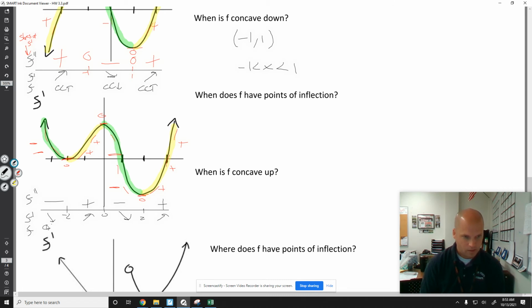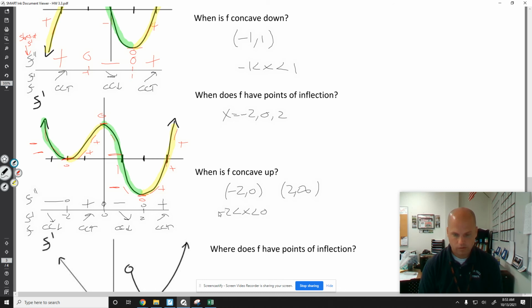F is going to be concave down, no concavity, concave up. So that's a point of inflection. No concavity, concave down, no concavity, concave up. So -2, 0, and 2 are points of inflection, concave up from -2 to 0, and 2 to infinity. Which you can also write as -2 to 0 and bigger than 2.